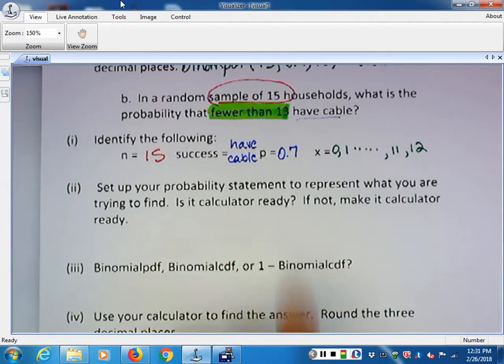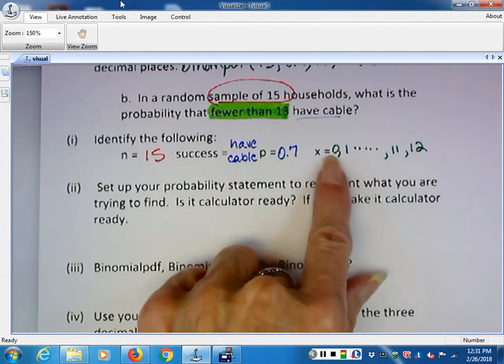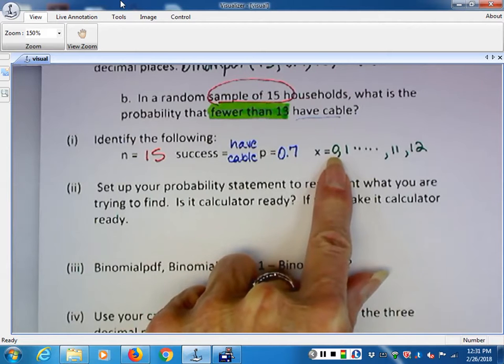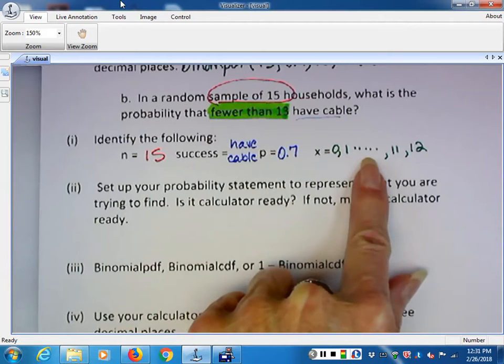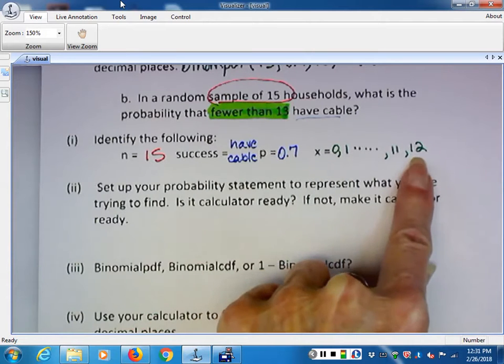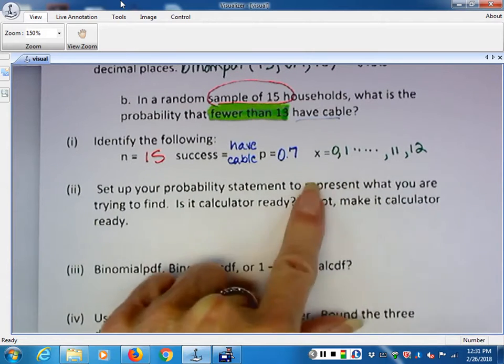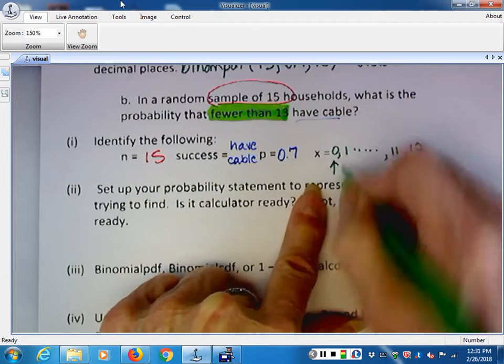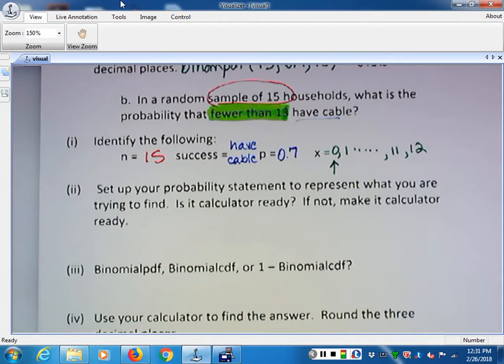Okay? And I want you to identify it that way. You don't necessarily have to write out all the numbers. You can put little dots in the middle of them, but identify the top number. And remember that your bottom number is always 0, because 0 is always a possibility. It's always possible that you'll not have any successes.